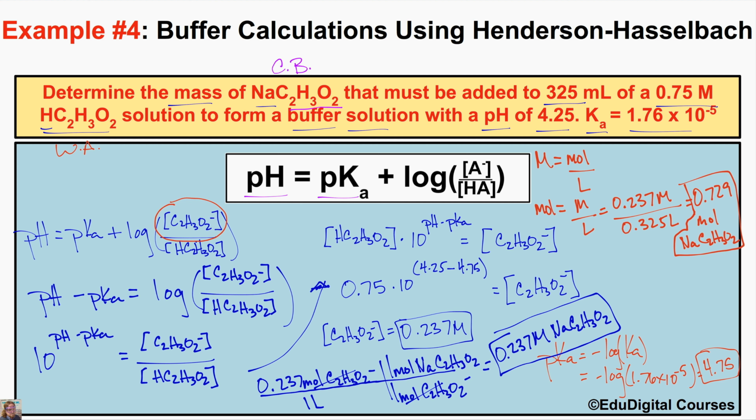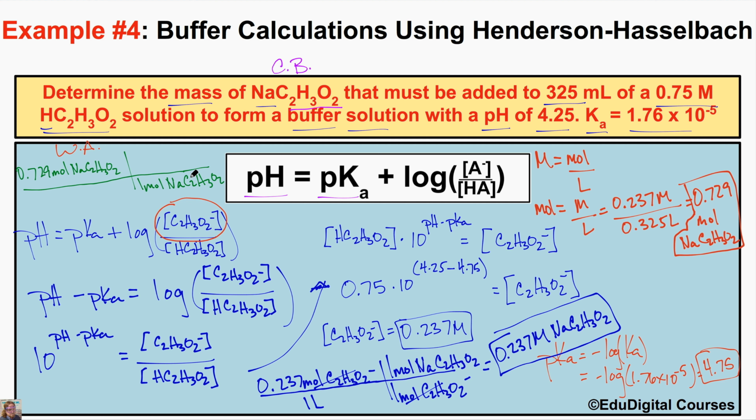We have to figure out the mass. So how can we figure this out? How can we convert moles to grams? We have to set up one last little problem here. And so we'll go ahead and do this right over here where we have a little bit of room left over. If we have 0.729 moles of NaC2H3O2, we know that 1 mole of NaC2H3O2 is going to be equal to how many grams?